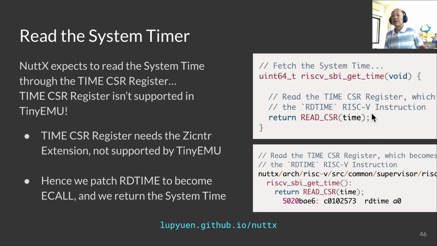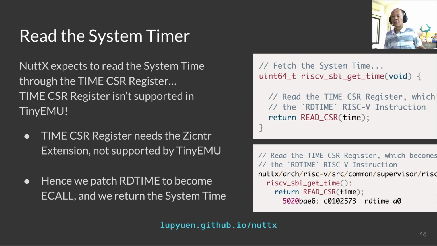NuttX expects to read the system time through the time CSR register, like this code from NuttX kernel. CSR means control and status register, which controls a RISC-V system. We have a problem. The time CSR register doesn't exist in TinyEMU. Thus, we emulate the register in TinyEMU.